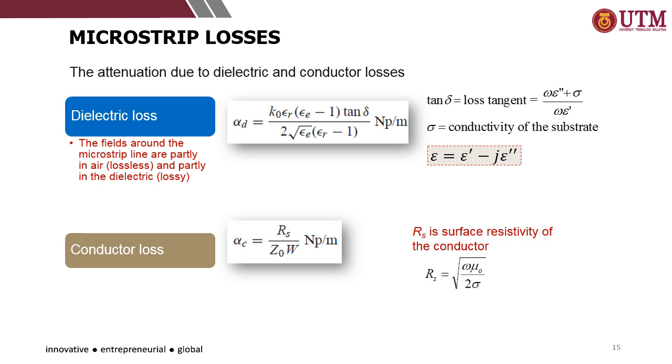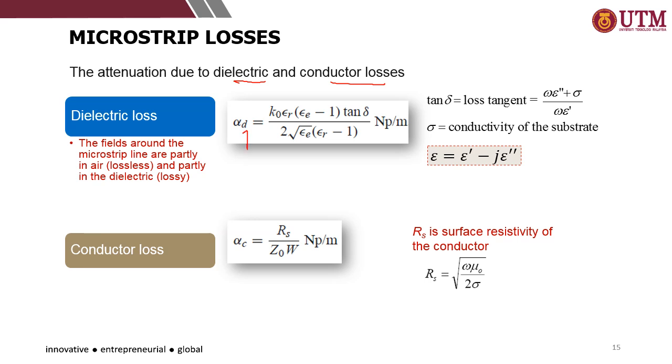In practice, there will be some losses due to the property of the dielectric materials where the microstrip metal is placed on, and also the surrounding environment. So there are two common losses in a microstrip transmission line, which are the dielectric and the conductor losses, which can be estimated.